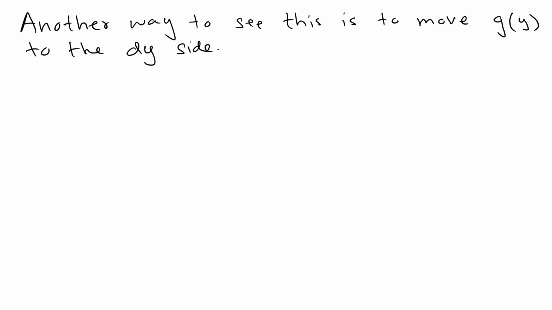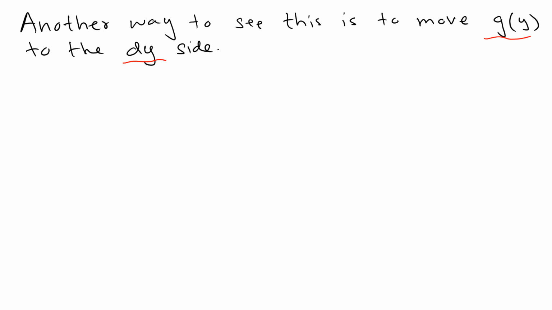Also, let's look at another argument that you're going to learn later, what we call the separation of variables method. In this method, rather than flipping the equation, we move the y terms to the y side and the x terms to the x side. So another way to see this is to move the g(y) term to the dy side, so the same variable is on the same side.